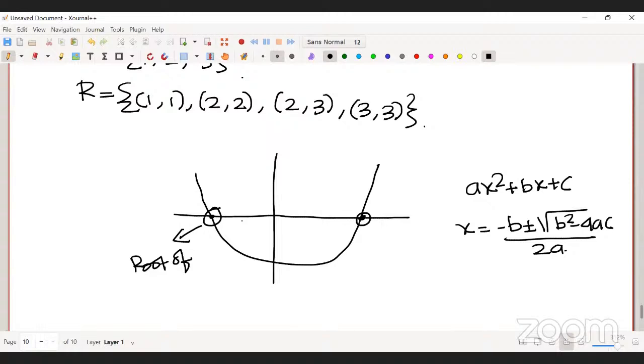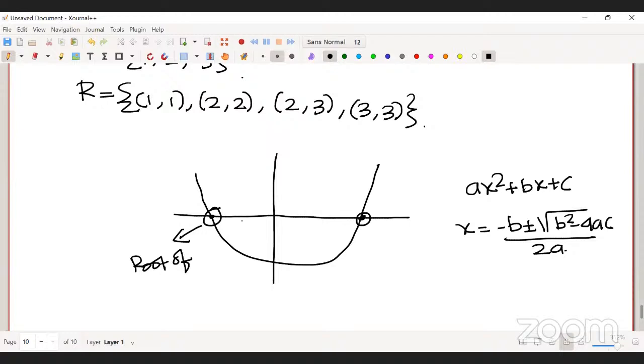Whatever is convenient for you, you can use. If you apply this formula, it will give you the roots, and from there you can factorize it. Or if you want a direct method to factorize the polynomial, that is also fine.